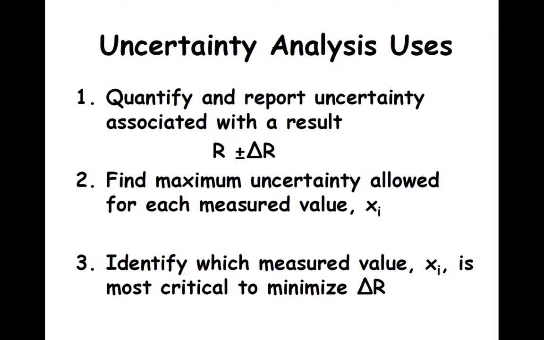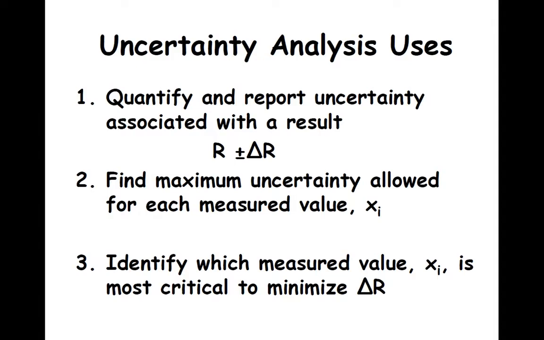Third, it can help identify which measured value xi is the most critical to minimize delta R. For example, in the ideal gas law example problem, do we need to measure the temperature more precisely, or the volume V, or the pressure difference delta P?